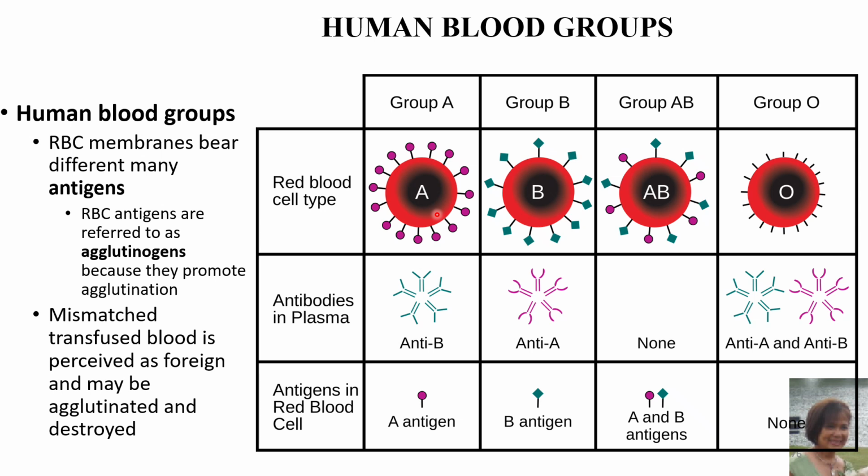Agglutination is the clumping of red blood cells. When red blood cells clump together, they're not supposed to be clumping, they're supposed to be free flowing into the blood vessel so that they can freely flow into the tissues and give oxygen to the tissues.